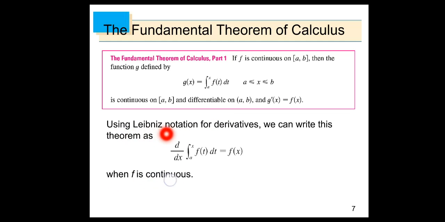Now, using the Leibniz notation of derivatives, we can write this theorem as d by dx of the integration from a to x of f of t dt is equal to f of x. We can just change this g prime of x to d by dx, as we know that in Leibniz notation we write d by dx.